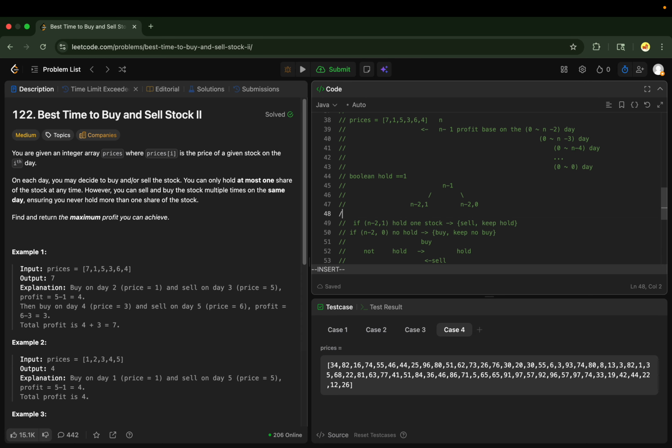If we draw this tree more, for example here minus 3, 0, and here you can see the same, there's something like minus 3, 1, and minus 3, 0 here.